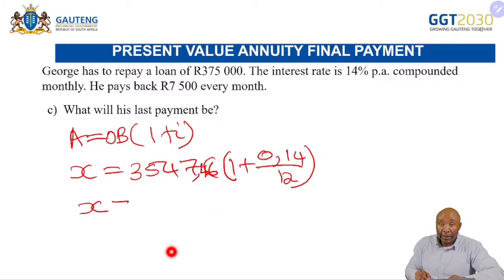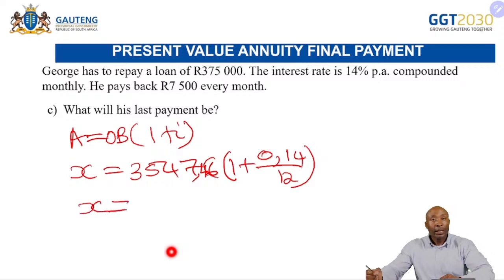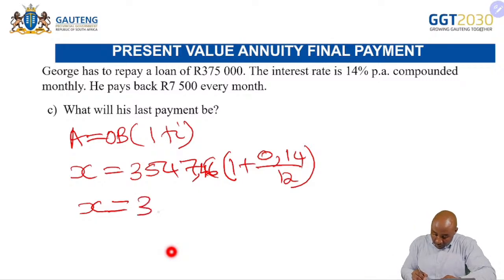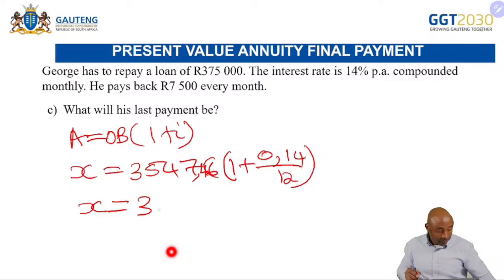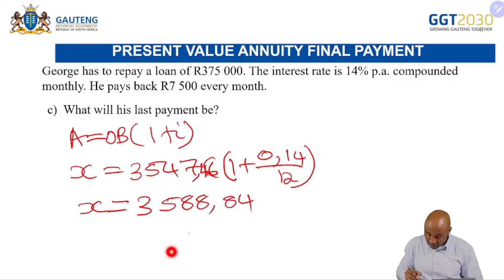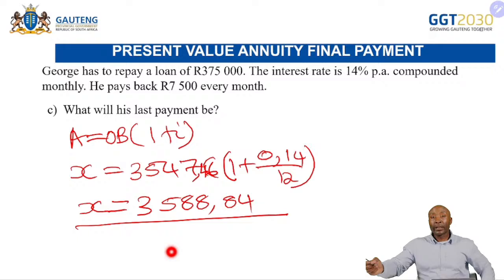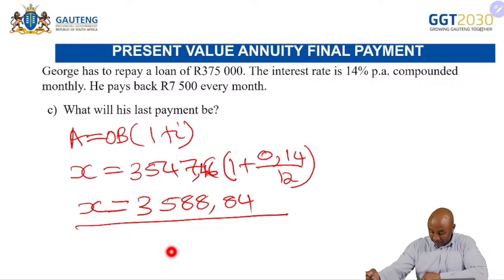And this will give us our final payment as 3,588.84. That would be the final installment that is paid for that loan.